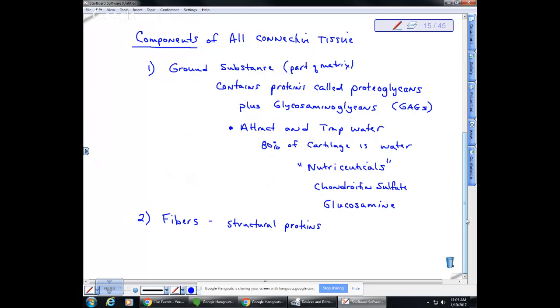Structural proteins do not dissolve in water, and so they remain outside. They remain in the matrix. And we have 3 different types. So we have collagen, we have elastic fibers, and we have reticular.